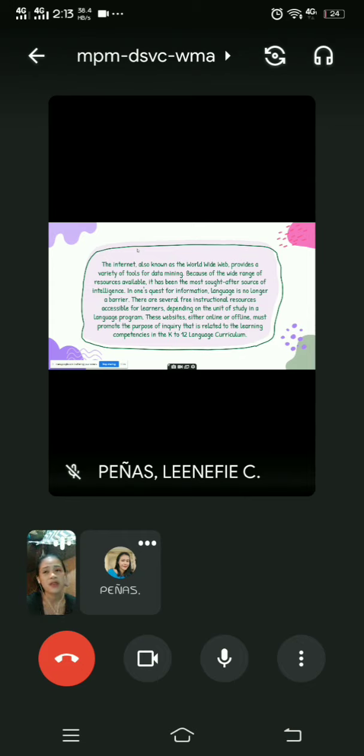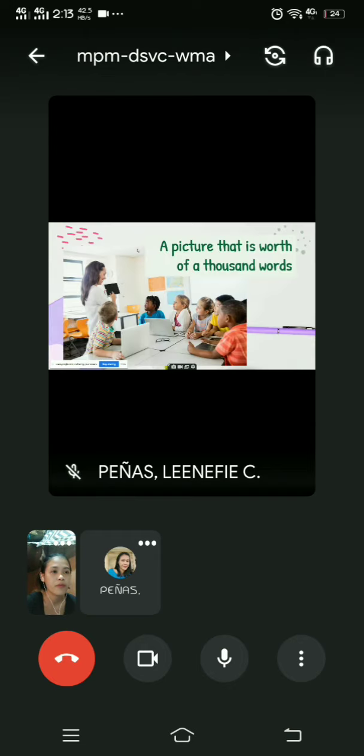Examples of these are Google, Wikipedia, and other websites on the internet that offer a lot of information that is helpful for us. These websites are either online or offline, and they must promote the purpose of inquiry that is related to the learning competencies in the K to 12 language curriculum.